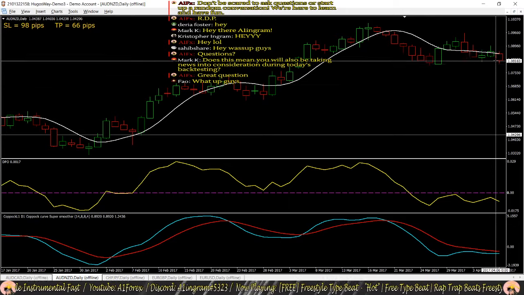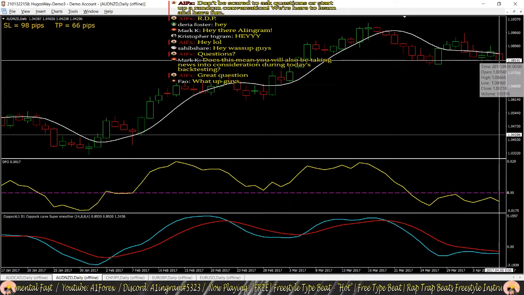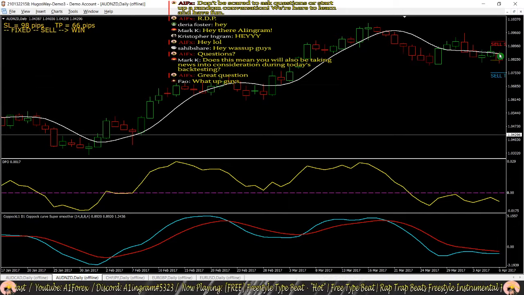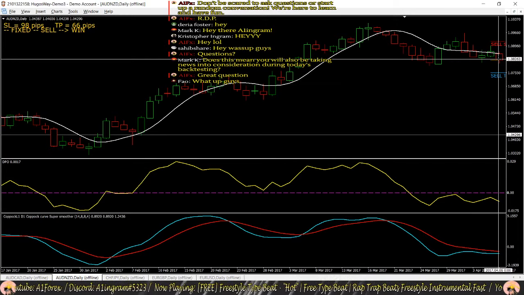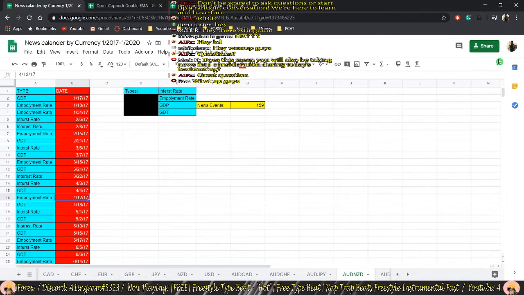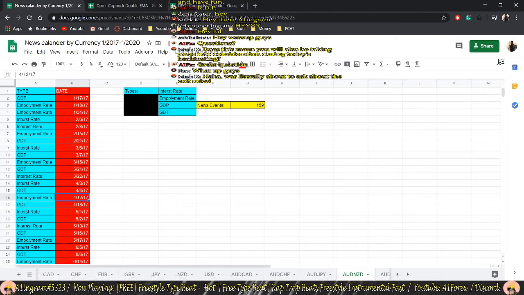That is another baseline cross entry. It's obviously within 1 ATR. Let's make sure no news events happen. 412. Exit rules. Yep.